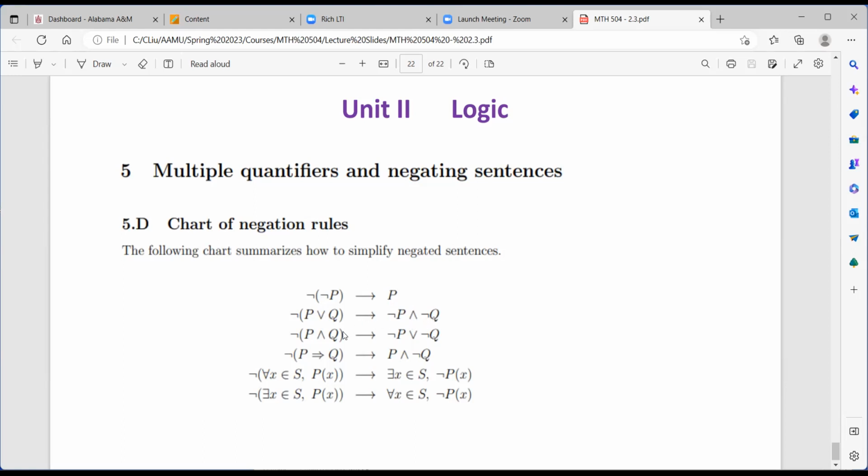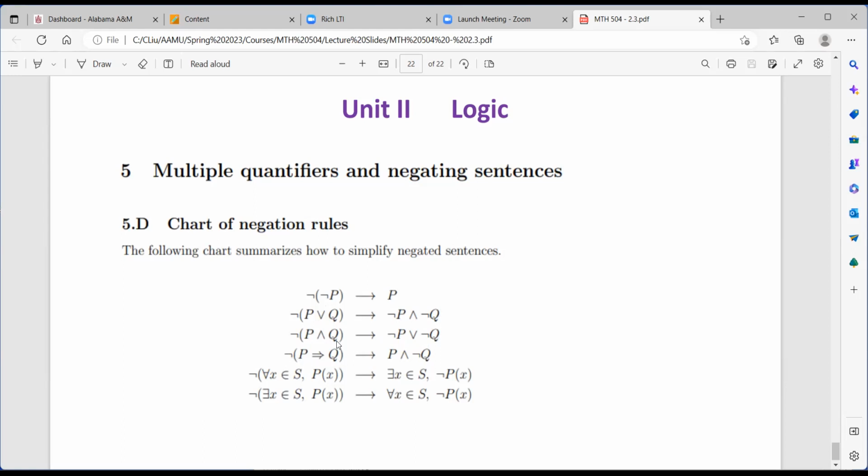All right. And similarly, the negation of P conjunction with Q is the same as negation of P disjunction with negation of Q. So these two equivalences are called De Morgan's law, if you still remember.